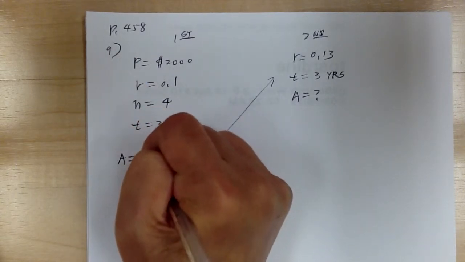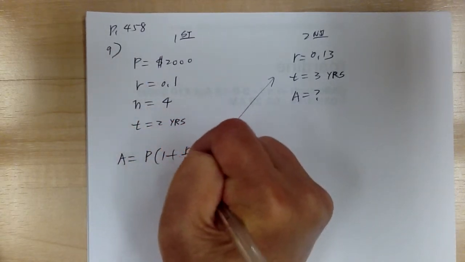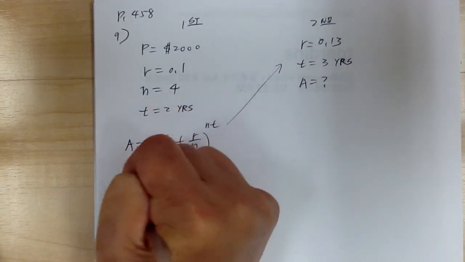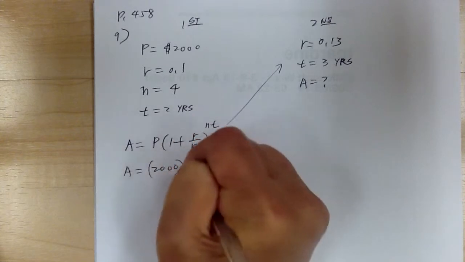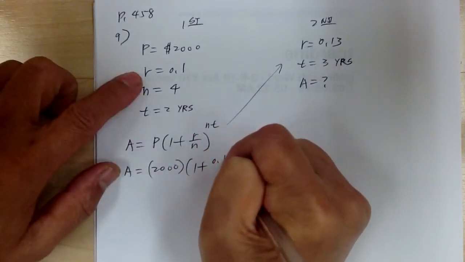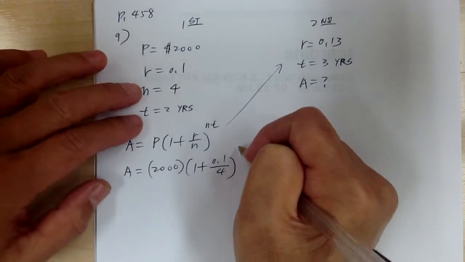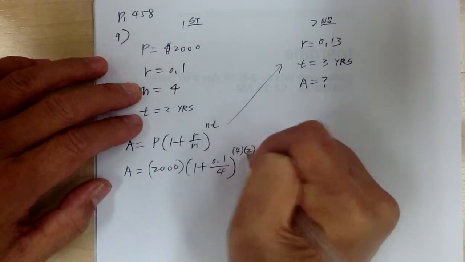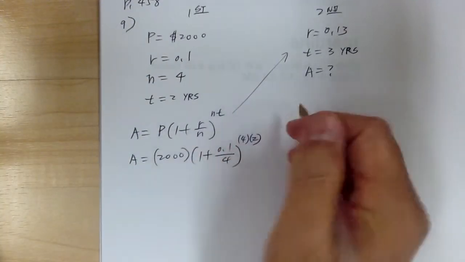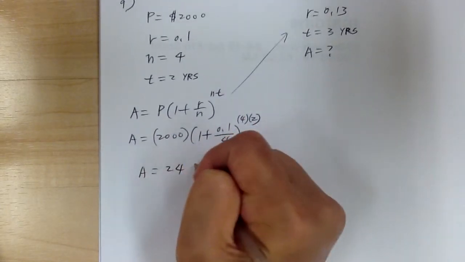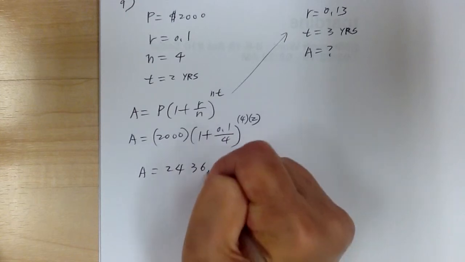Start with your equation. Then you substitute all the information. And so from here, you punch in all the numbers, you get 2436.81.